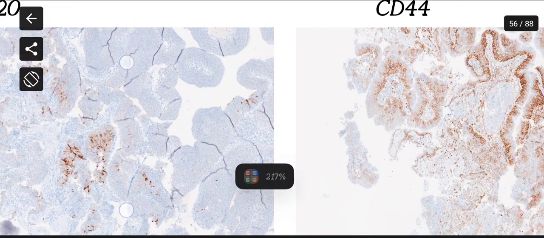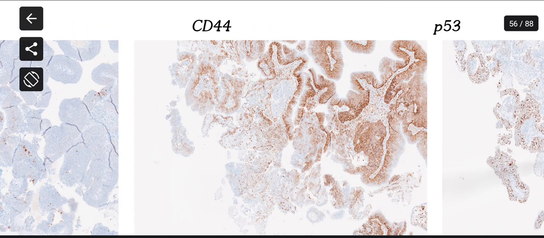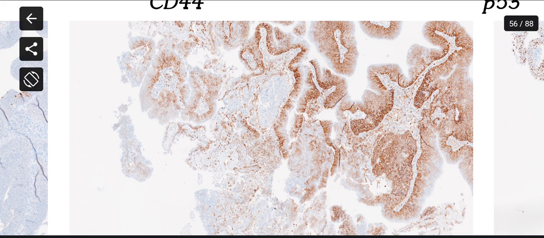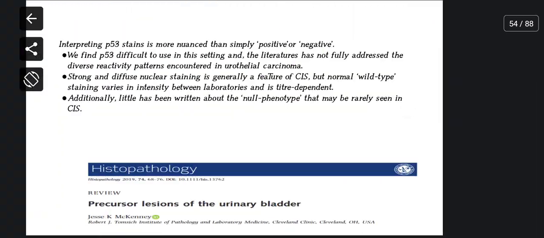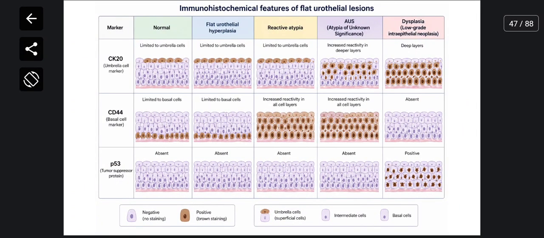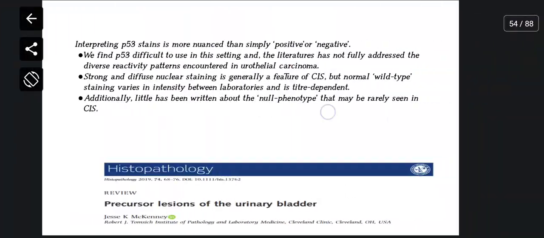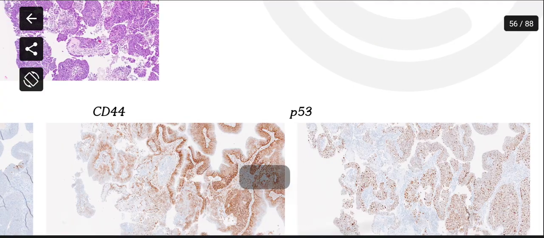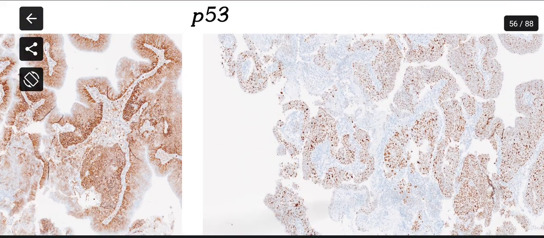CK20 is even present in the intermediate cell layers, and CD44 is negative. CD44 negative is a bad sign. It indicates it is becoming dysplastic, right? Even CK20 we saw coming in the full thickness of the epithelium, and TP53 in that area was overexpressed.